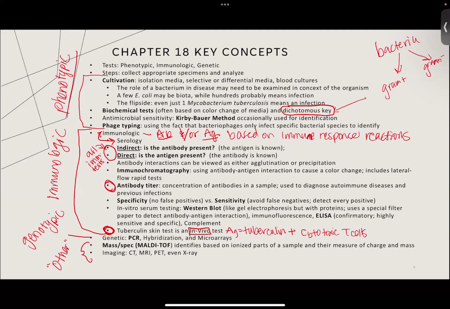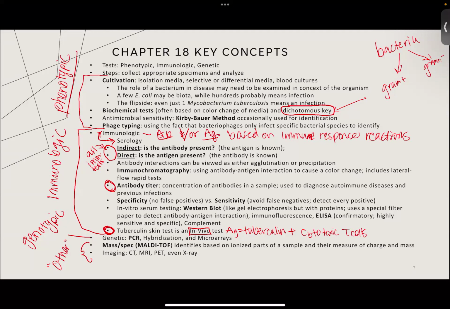When an antibody interacts with the parts, that can lead to precipitation. When an antibody interacts with whole pathogen cells or whole viruses, that potentially could lead to agglutination. Whole pathogen, agglutination. Part of the pathogen, precipitation. Okay.